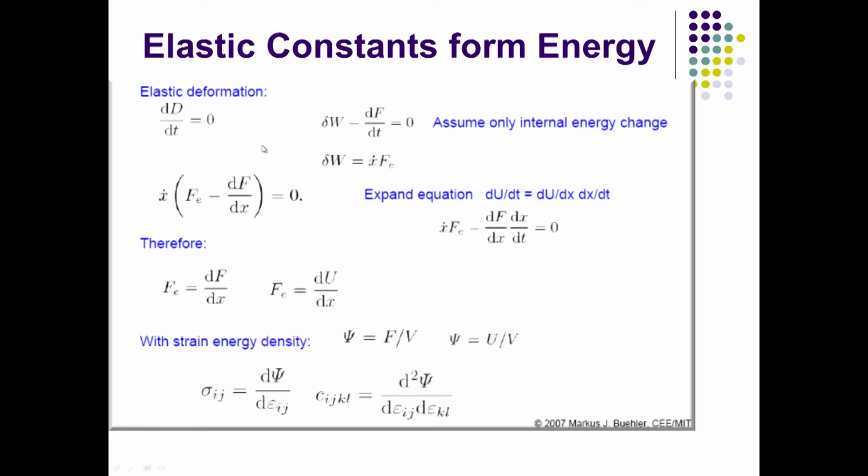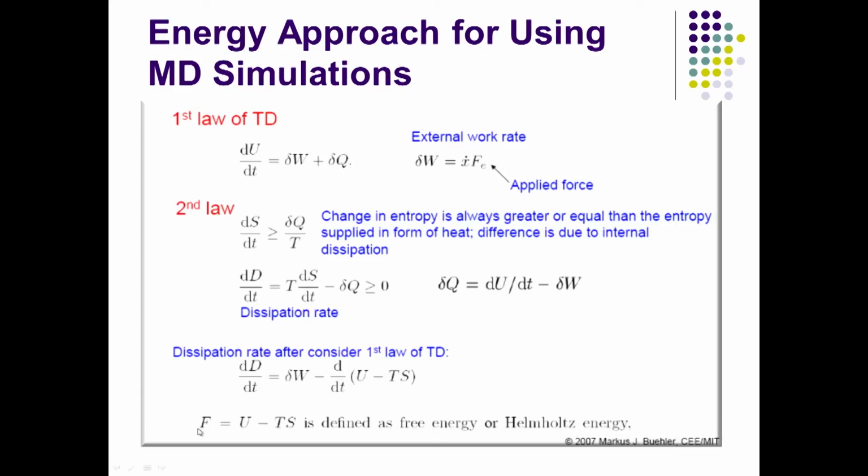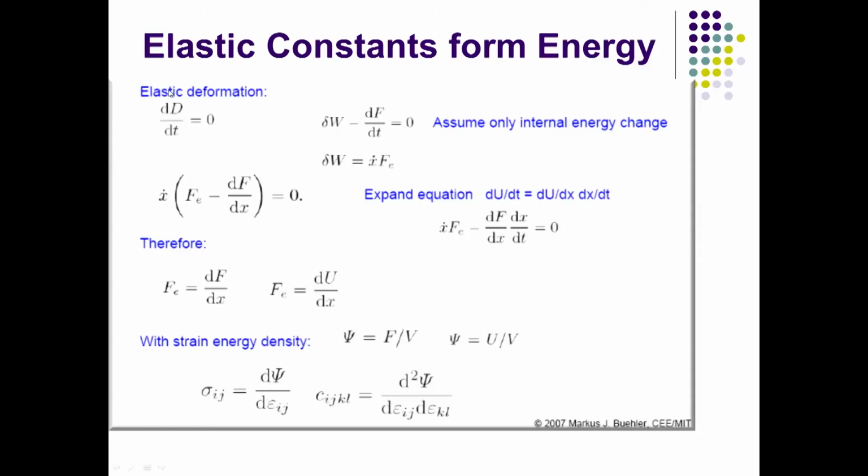If we start again and revise quickly, we first define the Helmholtz free energy as the difference U minus T S, and with that Helmholtz free energy F, we consider the case where the deformation is 0. So, dW minus dF over dt is 0.